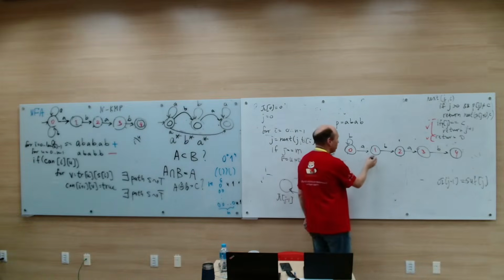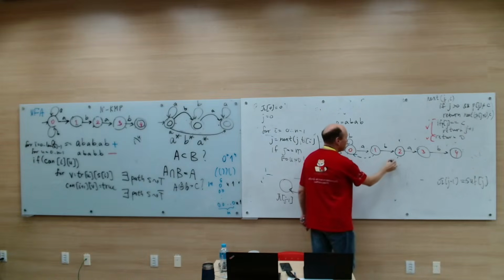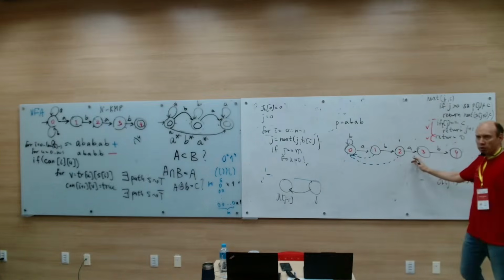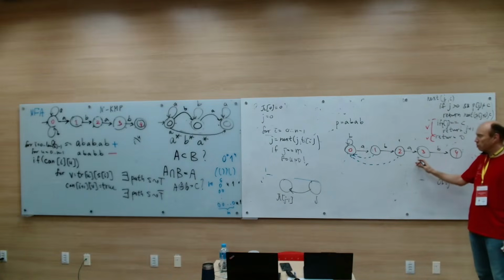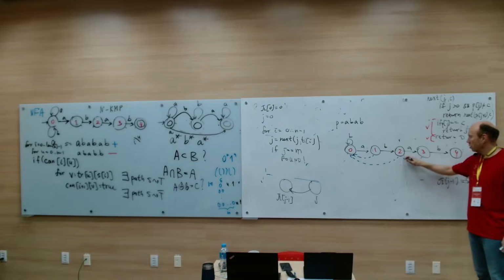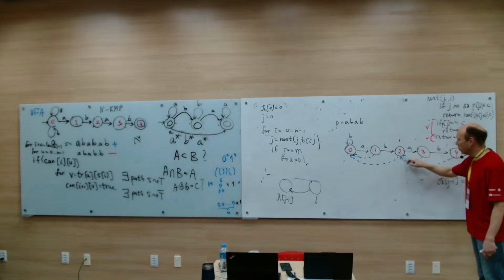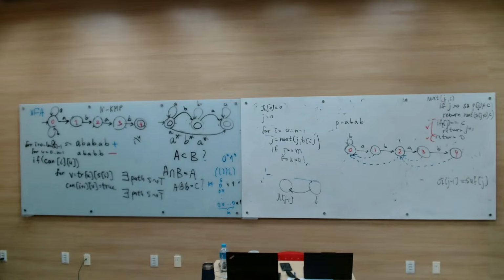Then it is like this. From here, ABA, what is the maximum suffix that is equal to prefix A? ABAB, then the maximum prefix that is equal to the suffix AB. So this is the prefix function visualized as suffix lengths.